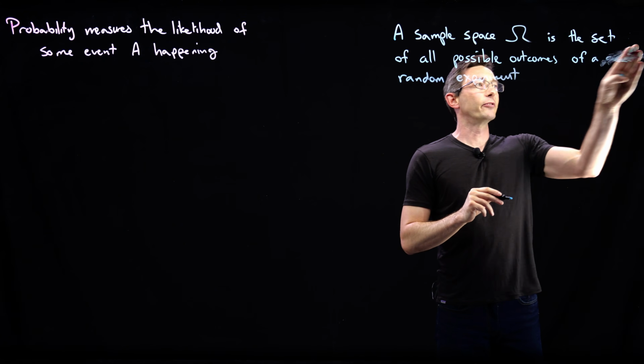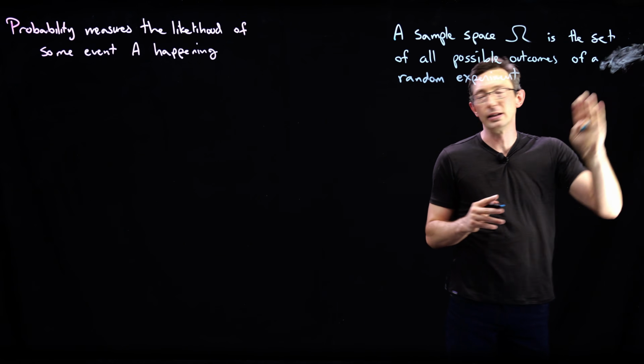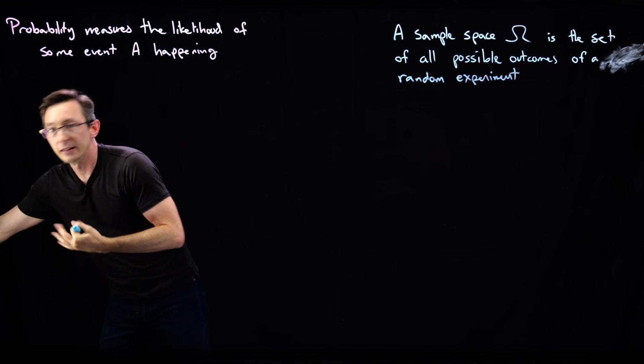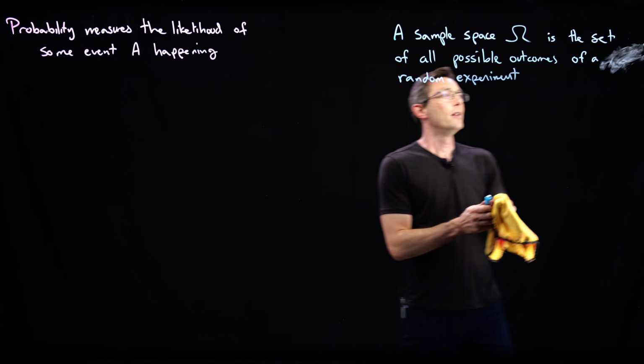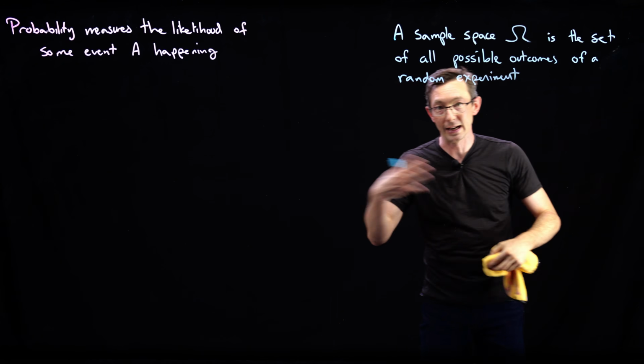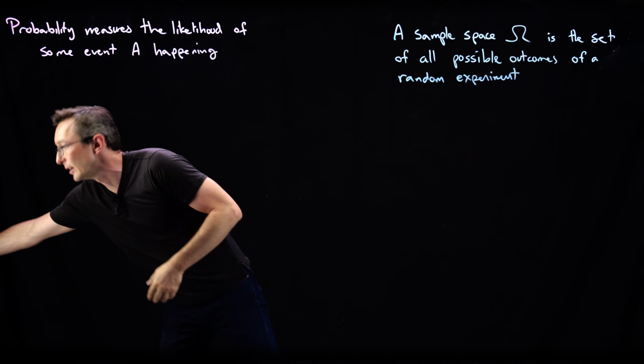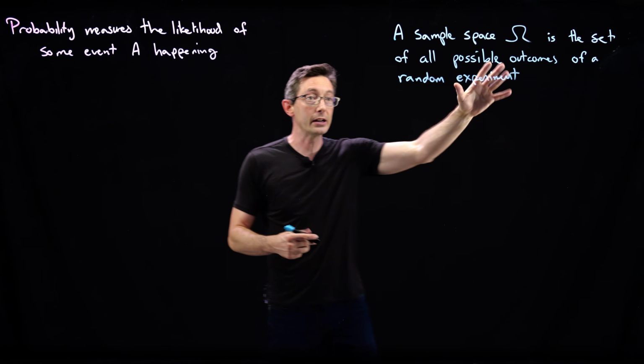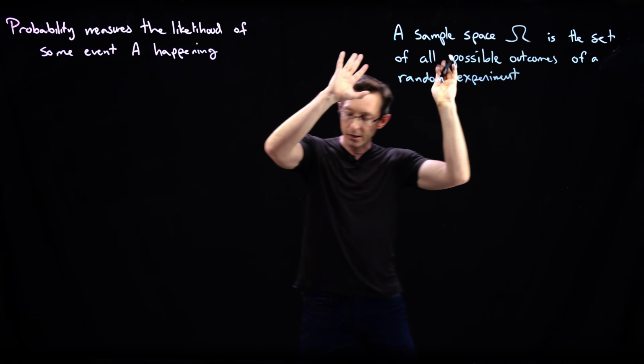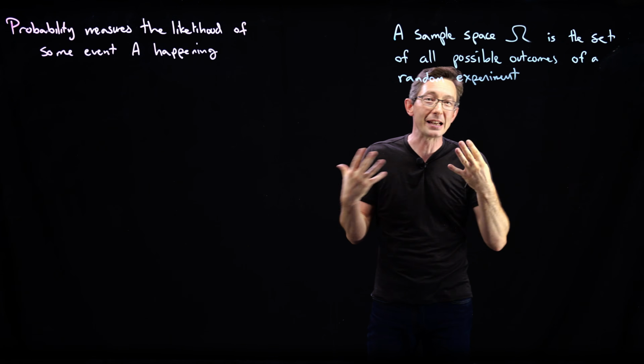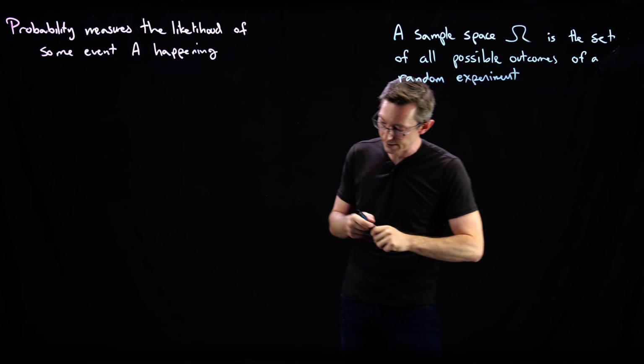Good, and this could be me flipping a coin 10 times, this could be dealing a hand of poker. It could be rolling the dice in backgammon. It could be any number of experiments, either real or thought experiments. So this is the sample space, and it's going to be a set of all possible outcomes.